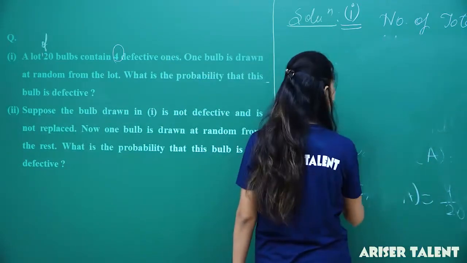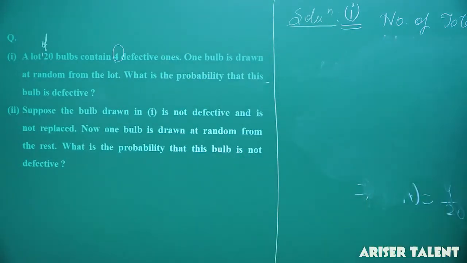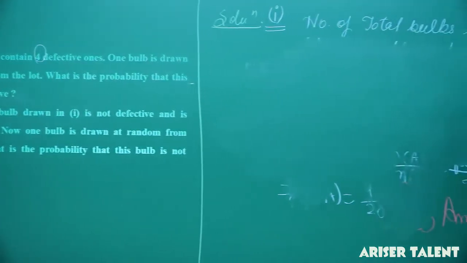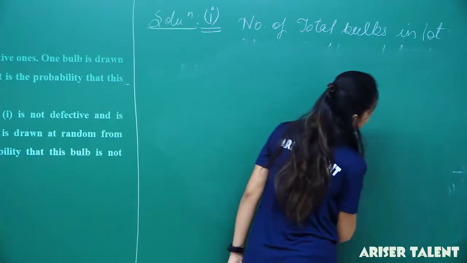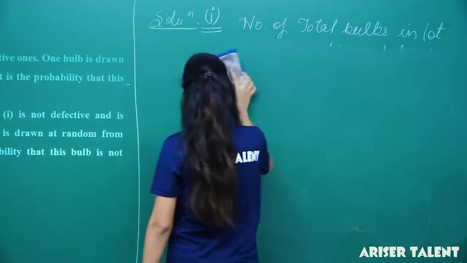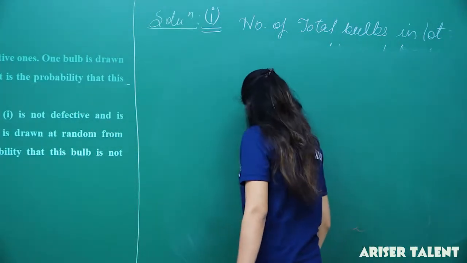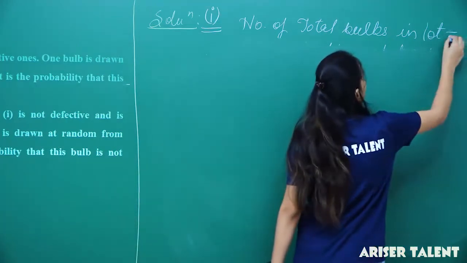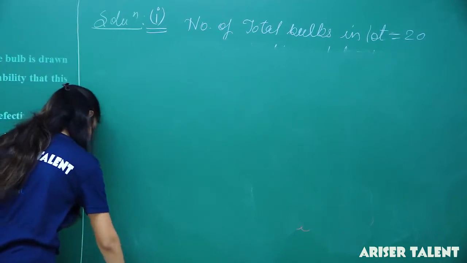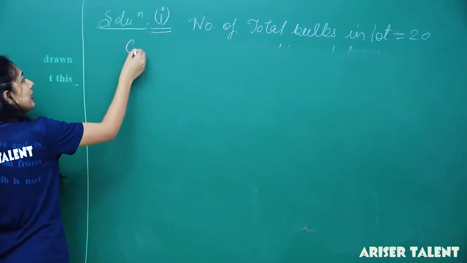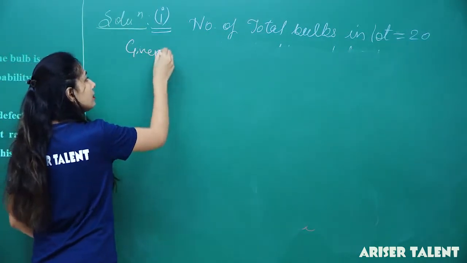Ready for the second part? Have you done what I've told you to do? Okay, whatever. Now, again, total bulbs in the lot 19, sorry, 20. What is given in that question?